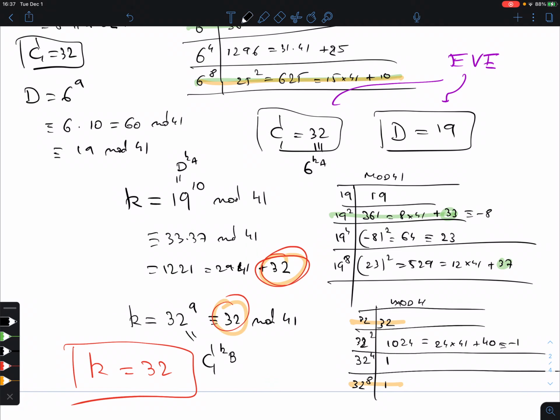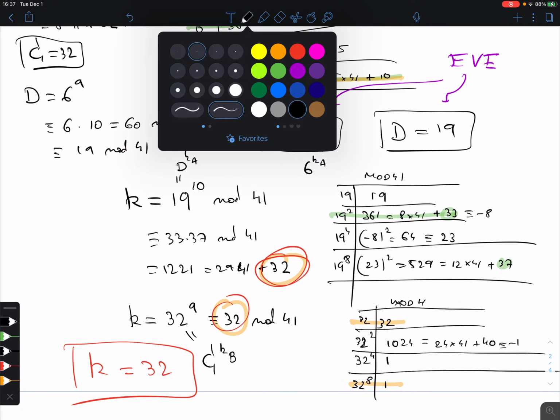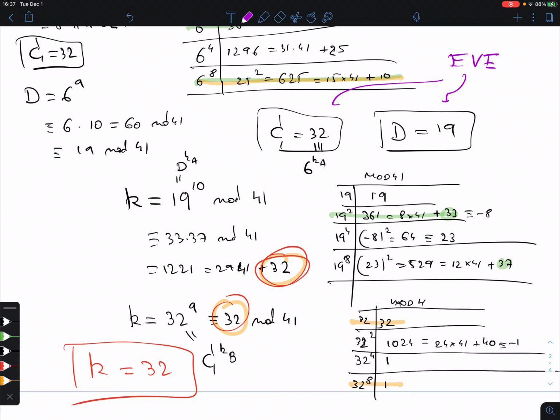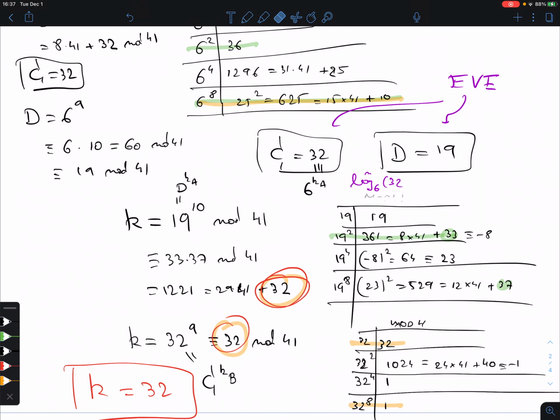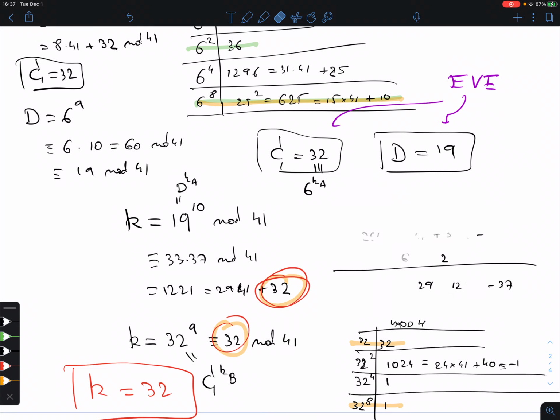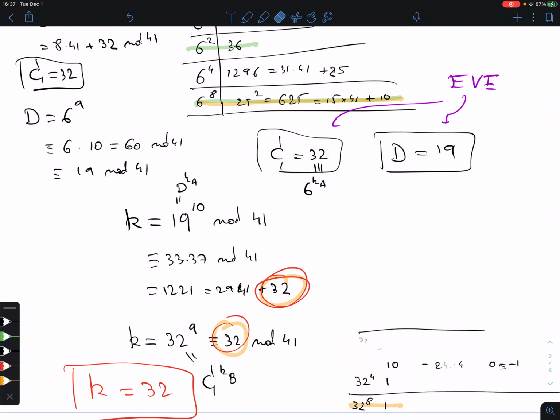So let's make Eve again in purple. Eve says, I'm going to take the log with base 6 of 32 modulo. Let me erase this here a little bit because I want to write this out more nicely. Okay, Eve, go ahead. What are you going to do?